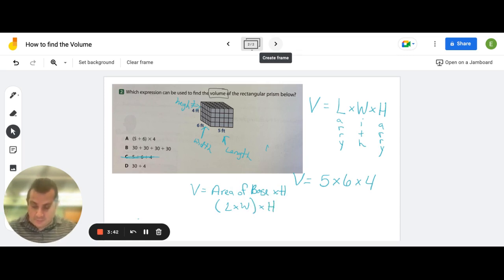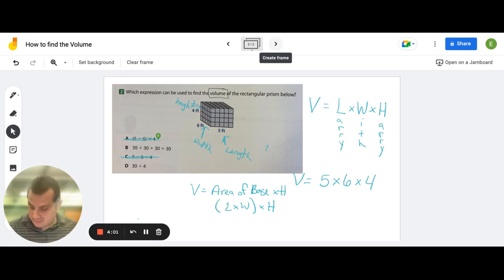But 5 plus 6 is not going to get you the area of the base, because when you find the area of the base, you're going to multiply. All right. So it can't be A. All right. So I'm crossing out A.